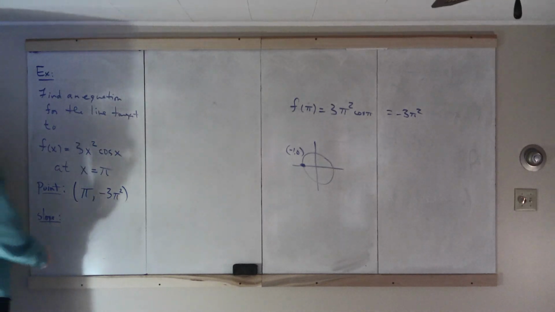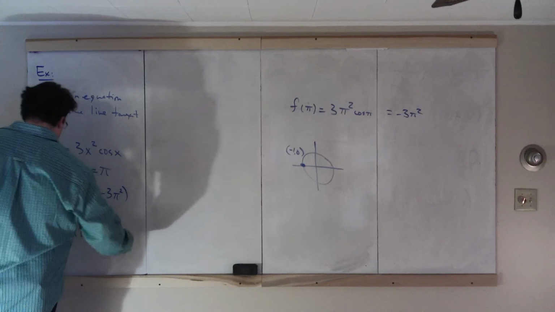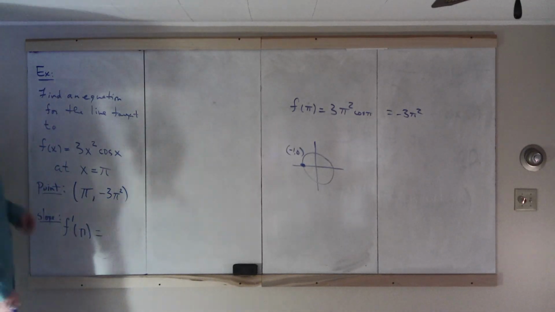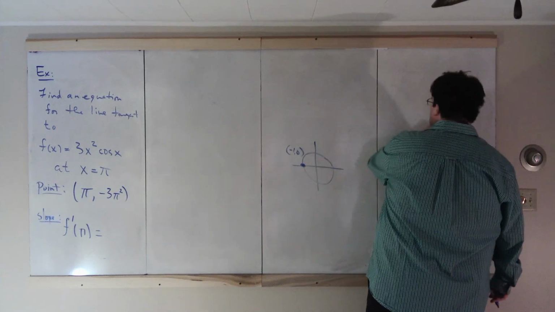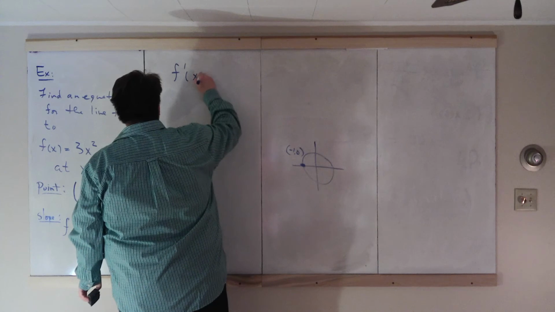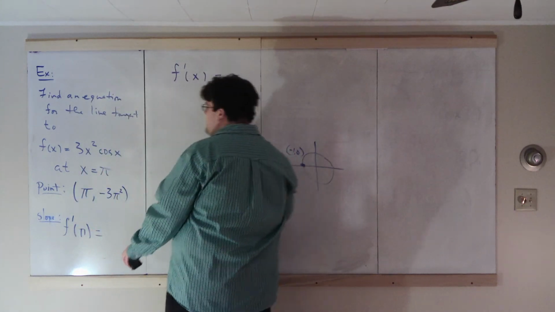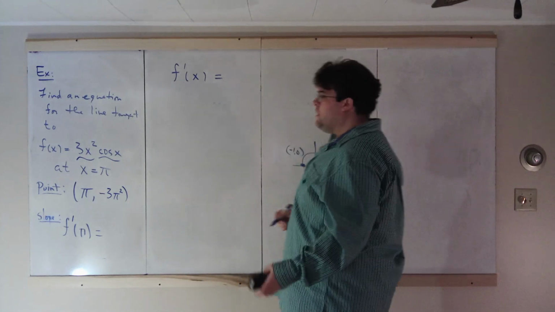And now we need a slope. Well, the slope is the derivative evaluated at pi. I don't see a derivative for this function anywhere. So let's find the derivative. Well, f prime of x is given by what? Well, here we have, notice, a product. So you can use the product rule.